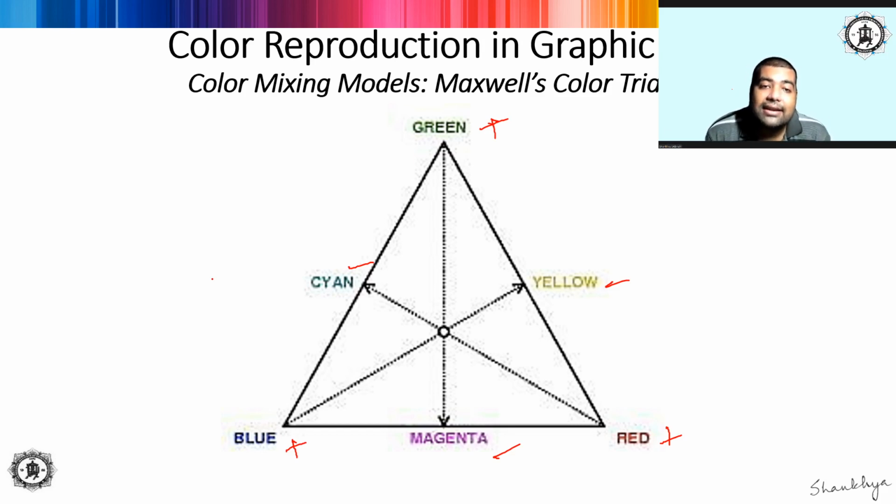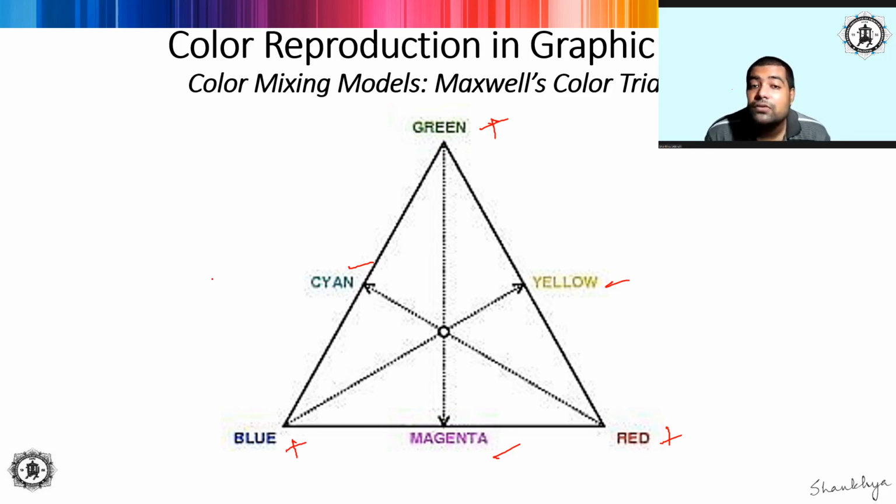And when additive colors or additive lights are mixed together, the resultant color of the light can also be derived from this particular triangle. So if blue and green are mixed, then we get cyan light. So this was Maxwell's color triangle.